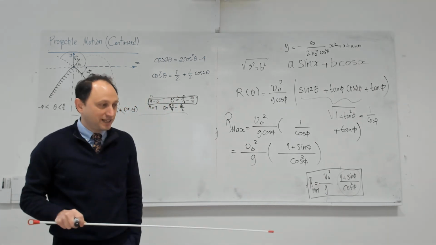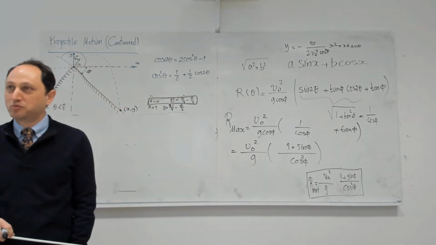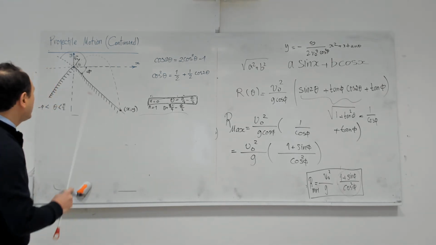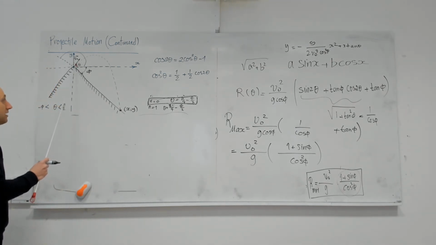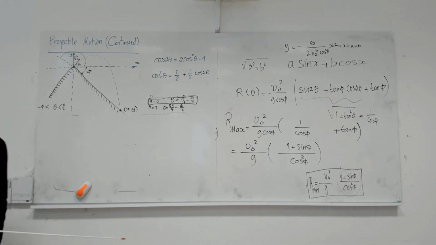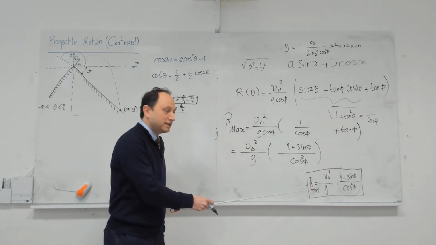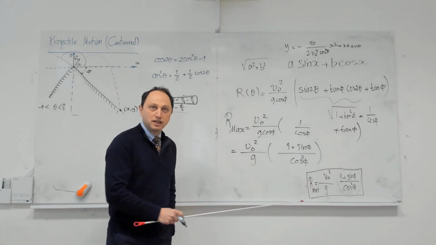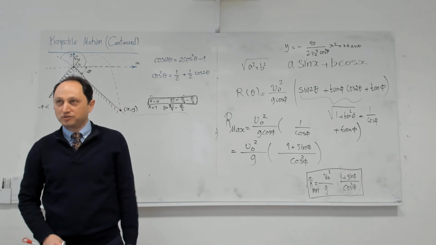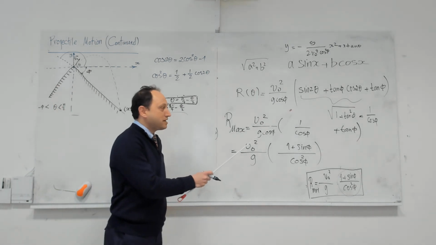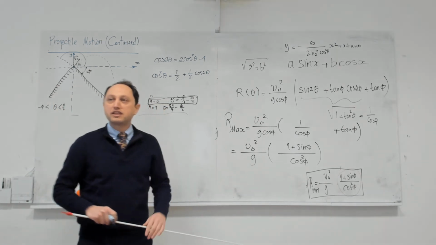Because in the question, they haven't asked about the maximum range, they have asked about the possible angle theta giving rise to that maximum range. Yes? In this second method, I only was able to find the maximum range. Now, this is my question for you. Can you use the second method to also find theta?